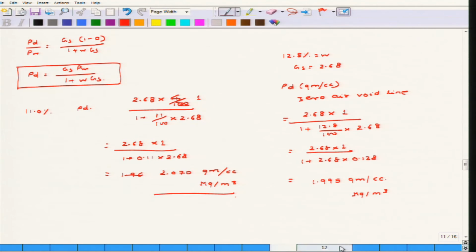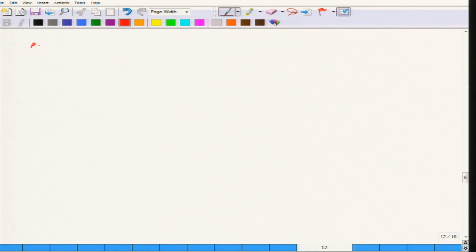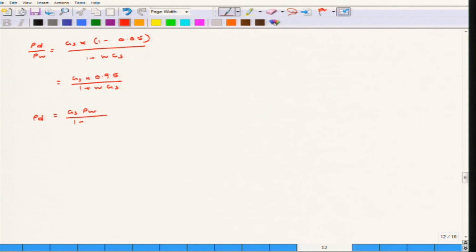Similarly, for the 5% air void line, rho d by rho w is equal to Gs into (1 minus 0.05), because the volume of air now is 5%, divided by (1 plus w into Gs). So Gs into 0.95 into (1 plus w Gs). We already know the term Gs into rho w by (1 plus w Gs) is equivalent to the zero air void line dry density.